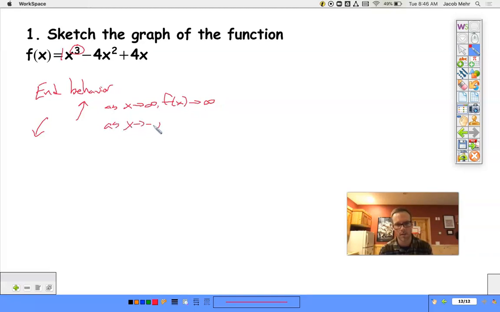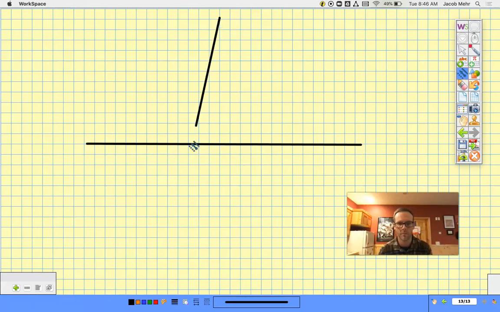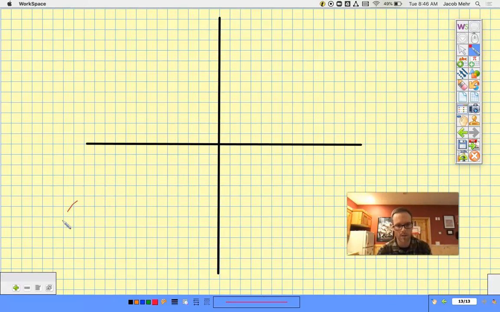As x goes to negative infinity, f of x goes to negative infinity. So when I look at my graph, I don't have a lot of details, but I do know it's got to end down there, and it's got to end up there.